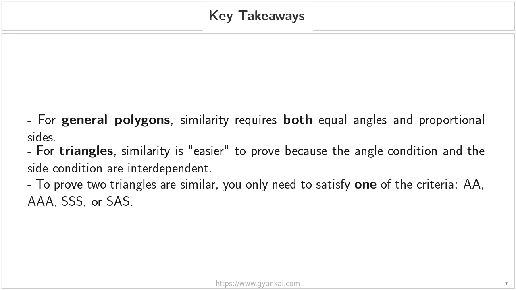You can use AA, which is angle-angle, AAA or angle-angle-angle, SSS, which is side-side-side, or SAS, which stands for side-angle-side. All right, let's bring everything we've discussed today together into a final summary. As we will see in our next slide, it is very important not to let this easier rule for triangles trick you into making mistakes when you are working with other shapes like quadrilaterals.